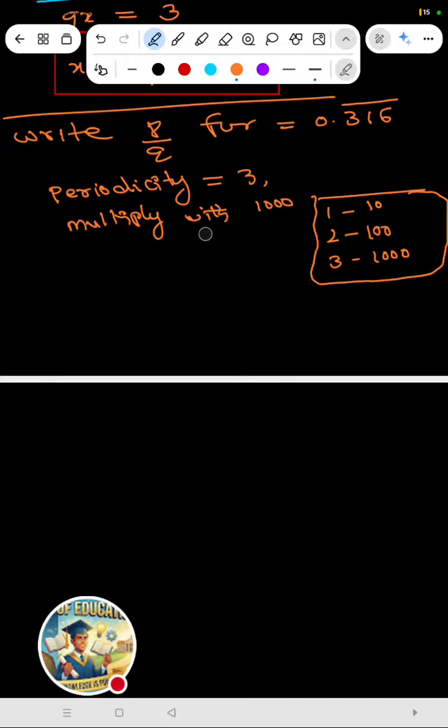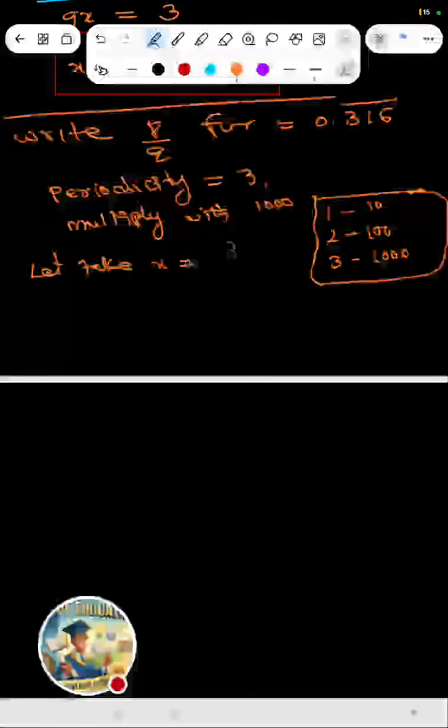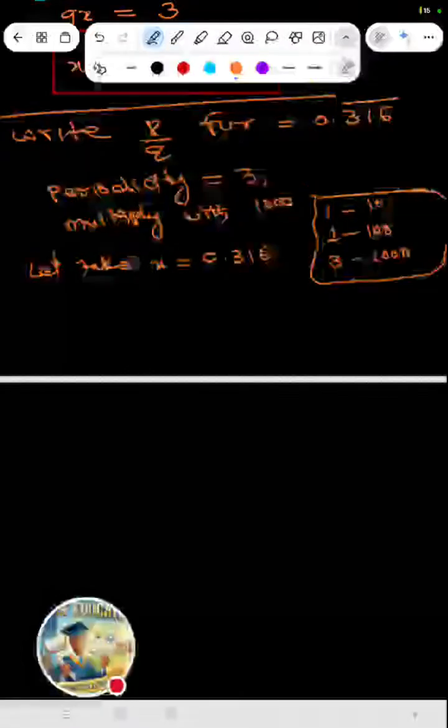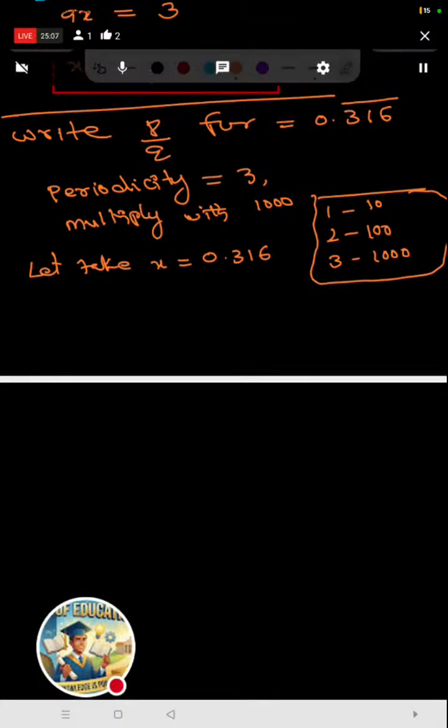Now look here. For the given number the periodicity is 3. Let's take x is equal to 0.316, and now we multiply both sides with 1000.